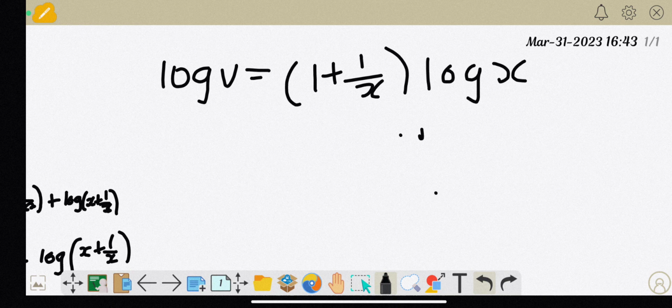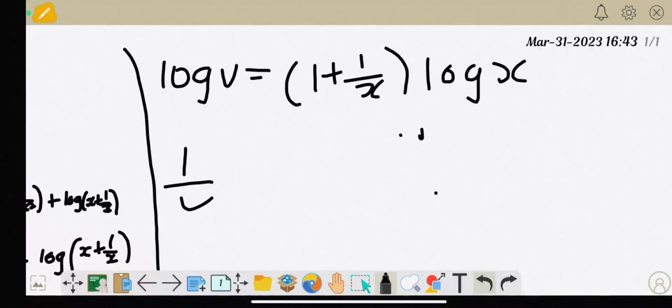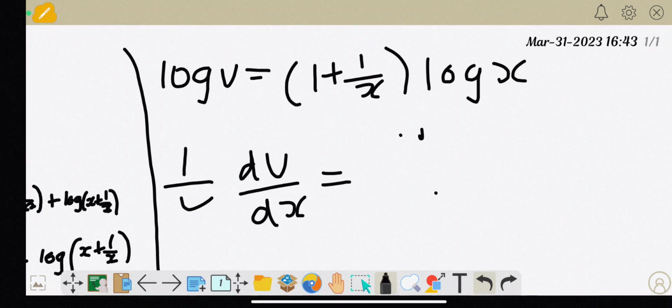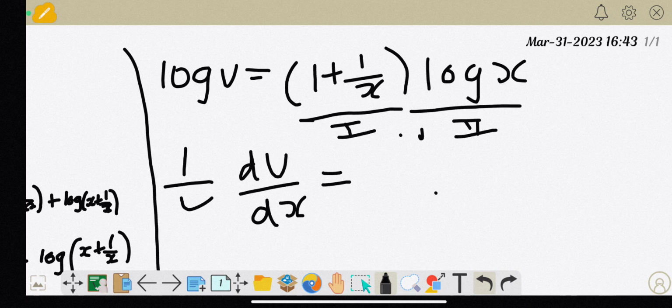Then what we have to do? Differentiate on both sides. So just differentiate. So 1 by v dv by dx is equal to, yeah, here what you have to do? You have to do product rule, correct? So let this be my first function, this be my second function. So first into differentiation of second.